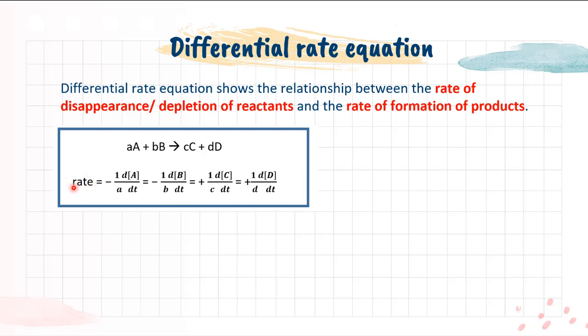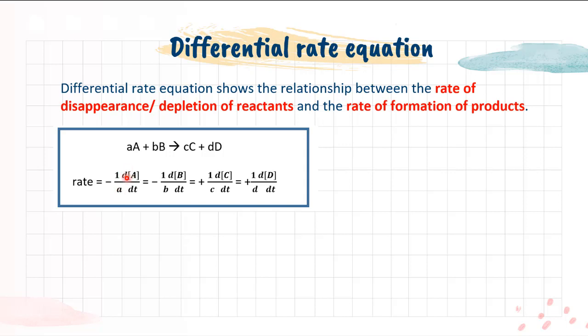So starting with the word rate equal to, remember that reactant will decrease with time, so it will disappear or deplete. So we are using a negative sign to represent reactant that is being used up in the reactions. So negative 1 over a. So this stoichiometry in the balanced equation will become the denominator.